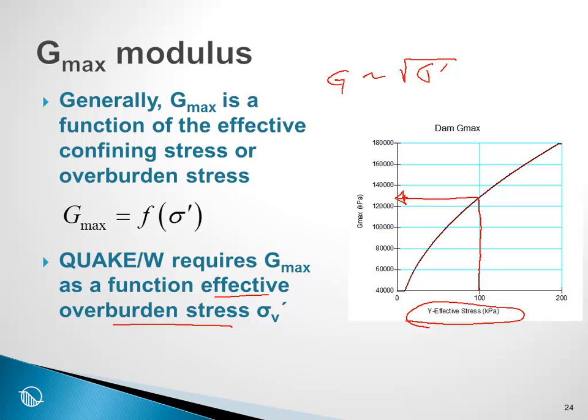We're going to define this function for our illustrative example here and show how we can use our sample functions and manipulate this function. But it's important to recognize that soil stiffness, particularly for granular materials, increases as the confining stress increases. And in GeoStudio or QUAKE/W, we have set it up in such a way that Gmax is a function of the effective overburden or effective vertical stress.